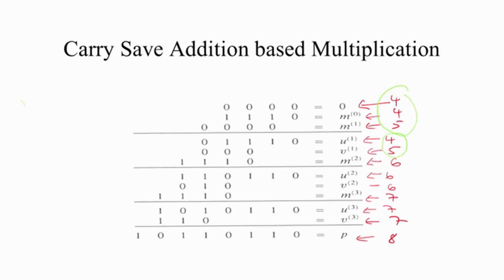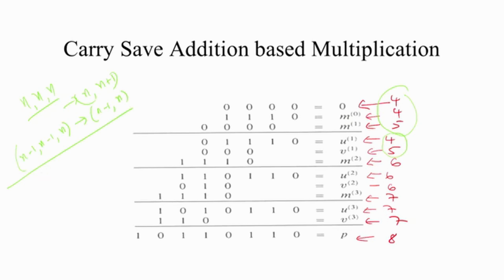As I told you, if I have 3 n bit numbers, it will give me an n bit and an n plus 1 bit number. But if I have n minus 1, n minus 1 and n, this will give me only n minus 1 and n bits, or in other words n, n and n, okay, this is fine.